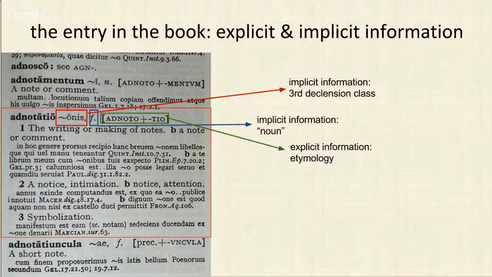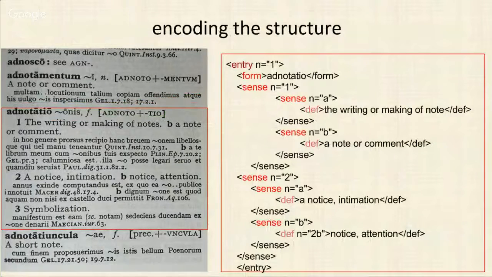Now, let me start encoding this entry. If we go to the next one, we give it a number, entry number 1. We declare the form, which is the form adnotatio. And then, this is the basic structure.